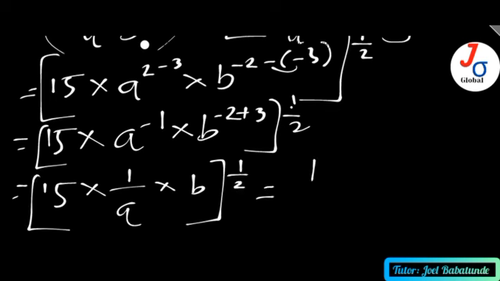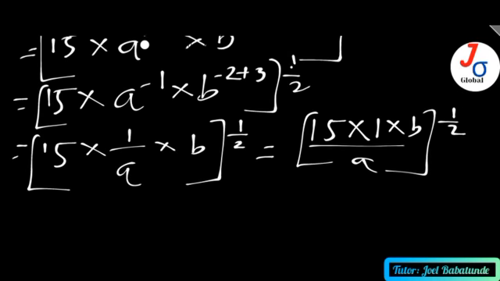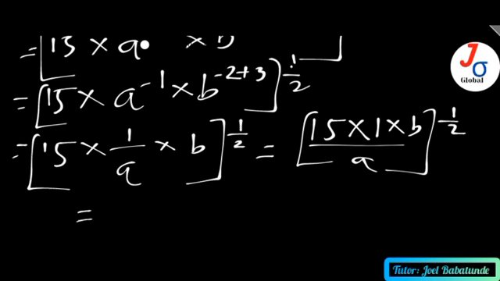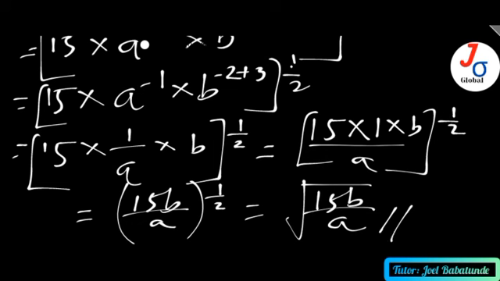Then I have 15 multiplied by b divided by a, all to the power of half. And I can return the half by saying that becomes the square root of 15b over a. So this is the simplification for that.